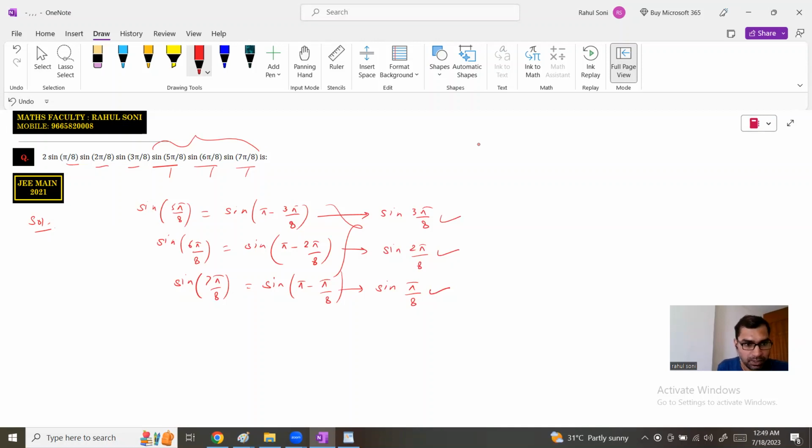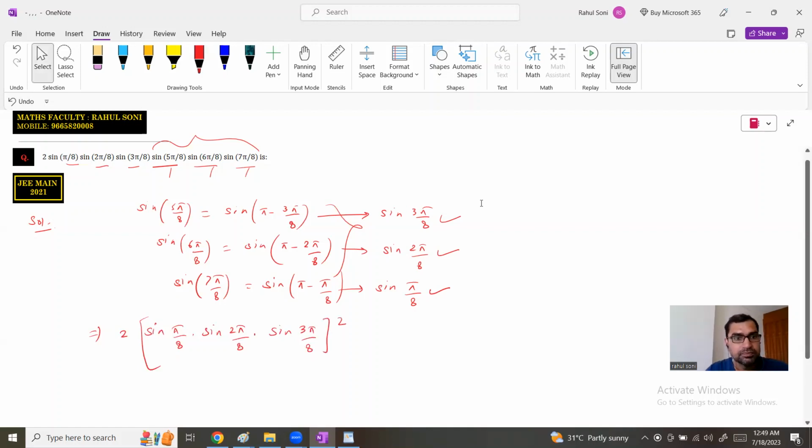So this complete question becomes 2 times sine pi by 8 into sine 2 pi by 8 into sine 3 pi by 8 whole square.